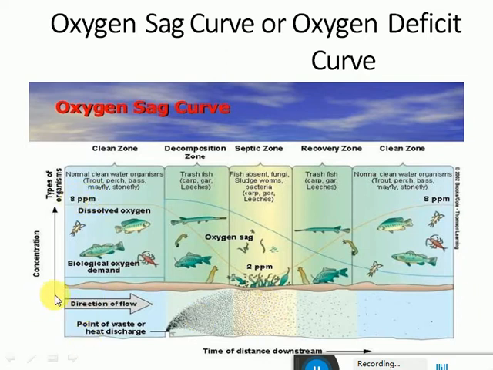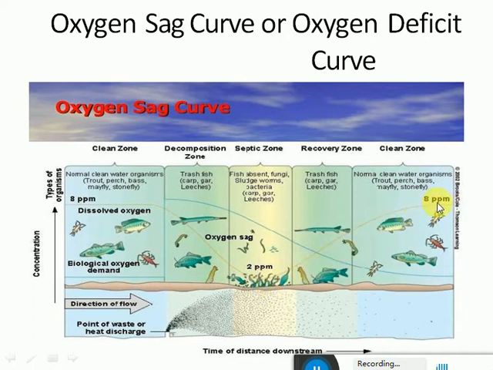Imagine you have a distance from 0 kilometer up to 4 or 5 kilometers in a river. At the initial level the dissolved oxygen may be 8 ppm, and slowly when the oxygen level starts to deplete, then it may reach 6 ppm or 2 ppm, and this point is called the critical point, where the dissolved oxygen level becomes almost zero.